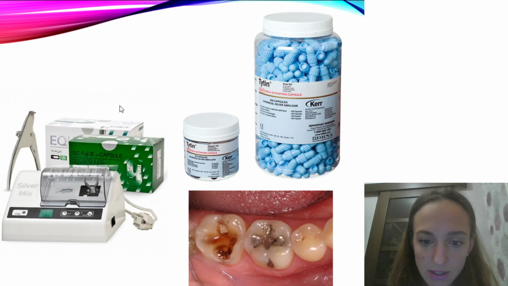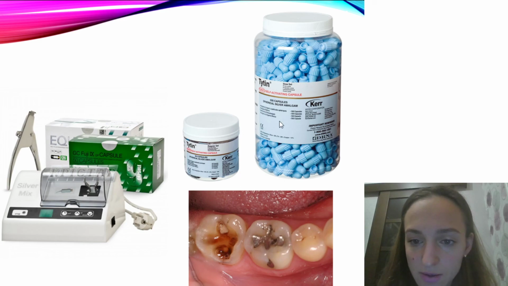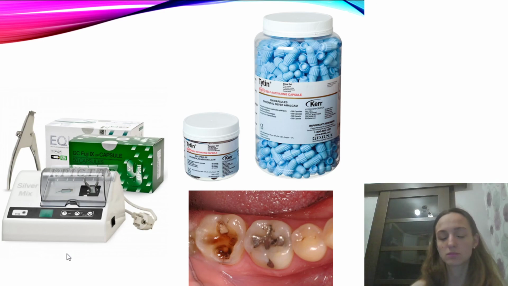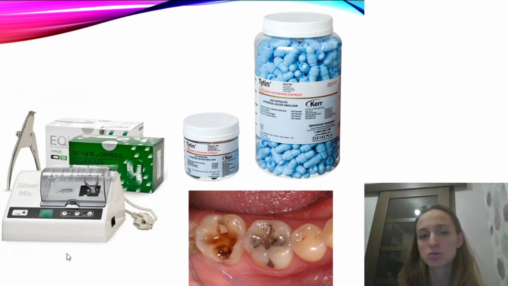It is composite, also composite. Sorry, it is silver amalgam, a special silver mix for amalgam, and such a mix we use also for capsules if we use capsules of glass ionomer cement.